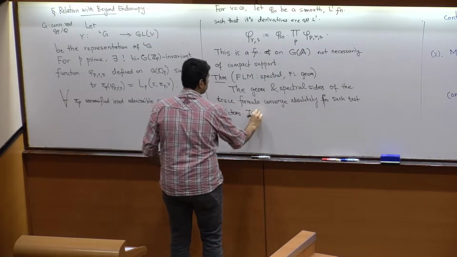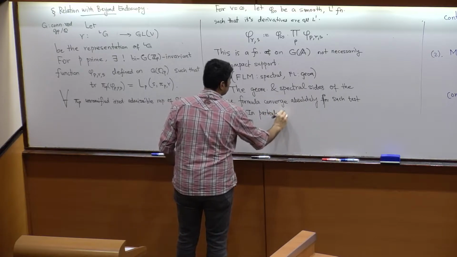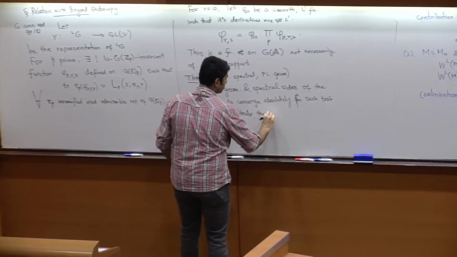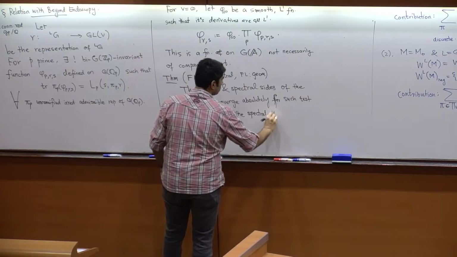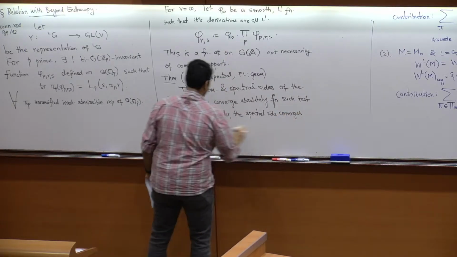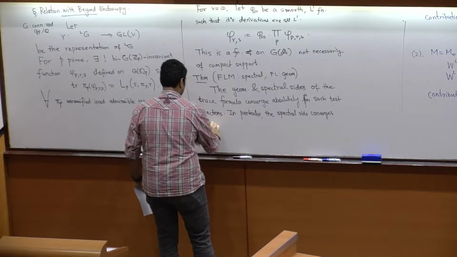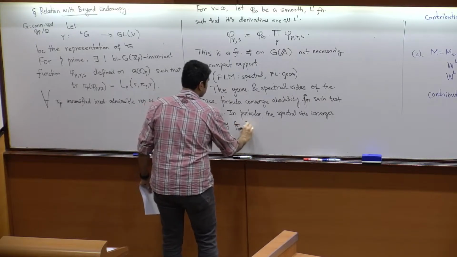In particular, the spectral side is absolutely convergent, for f in the Hecke algebra.